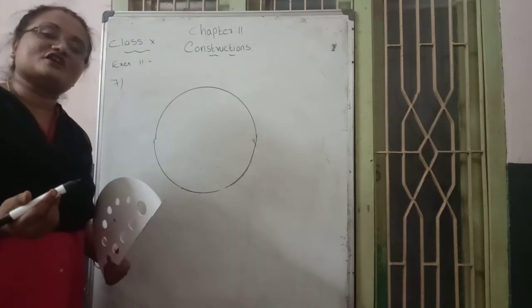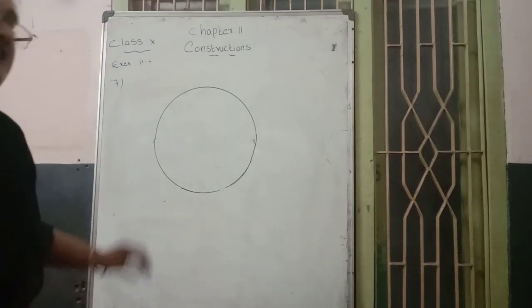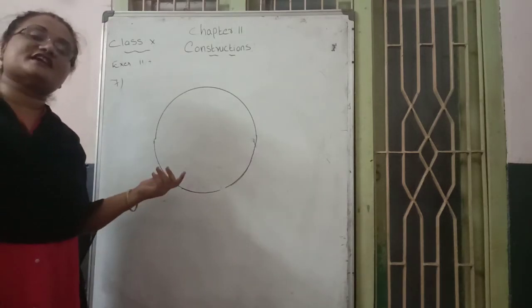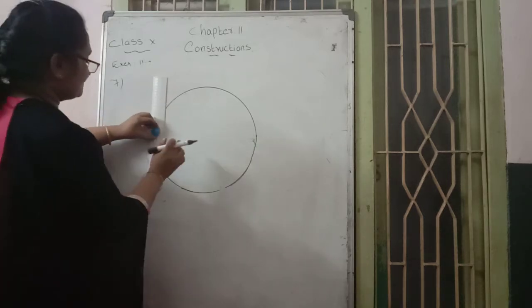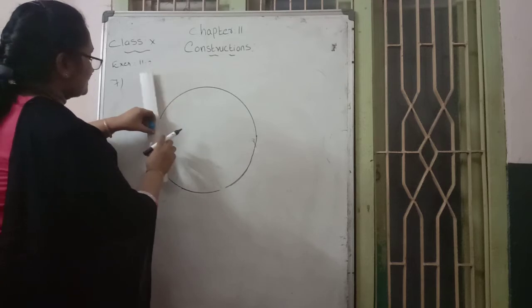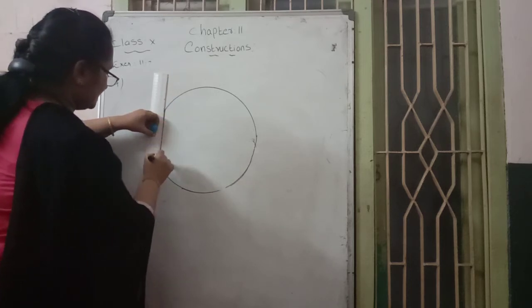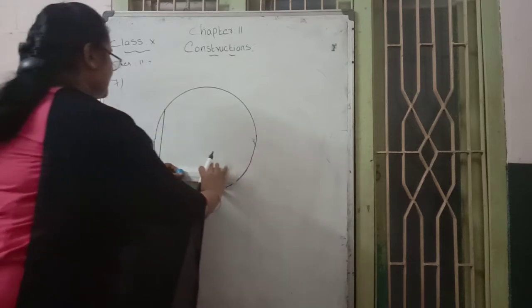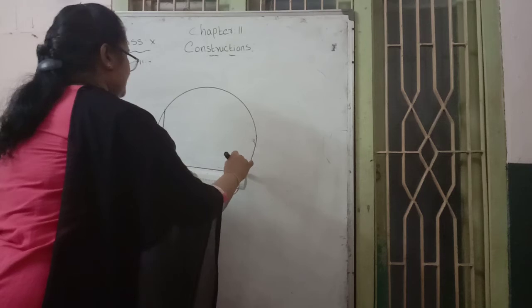How to find out the center of the circle? First we know how many chords we can draw in one circle: infinite, countless number. So I mark them as A, B, C in this way.